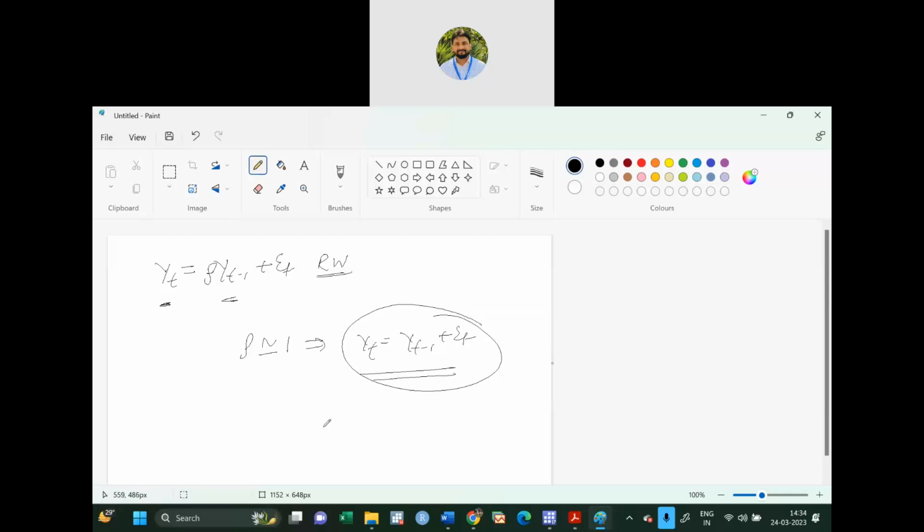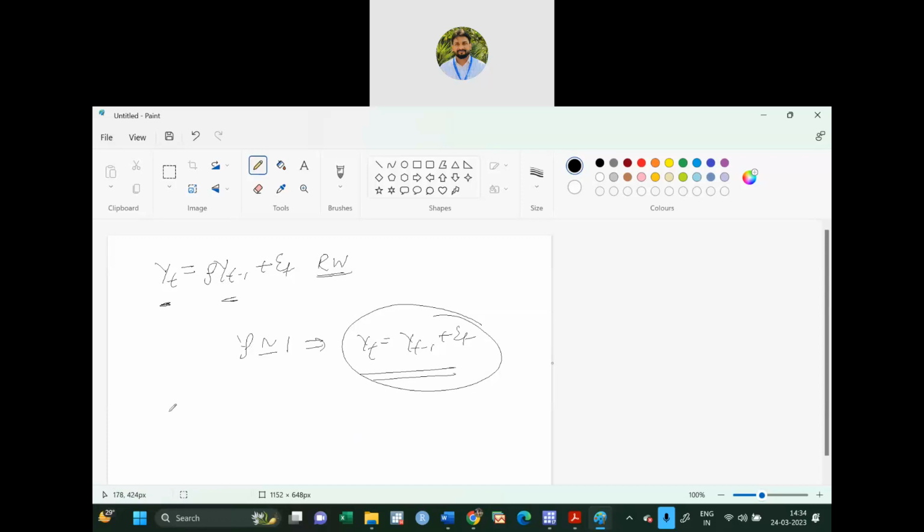However, most of the financial variables are non-stationary. So in today's world, when the concept of vector autoregression and cointegration came, mostly vector autoregression and vector error correction model are being used.